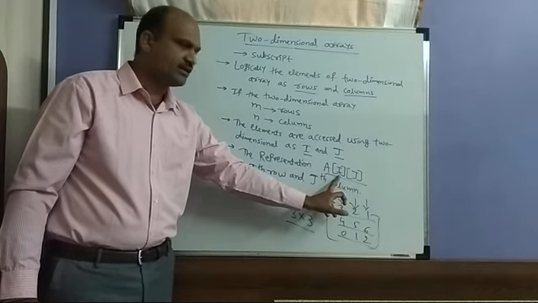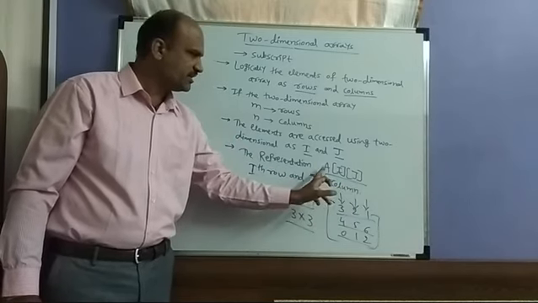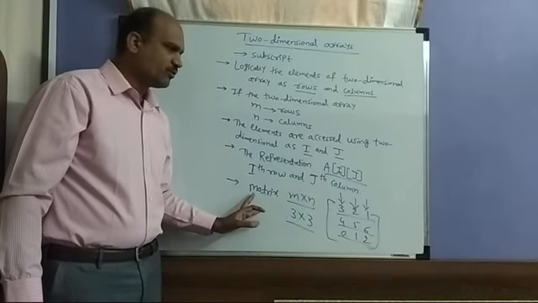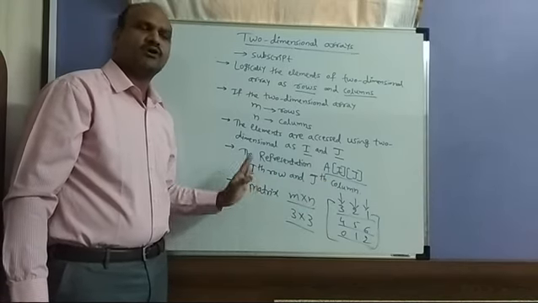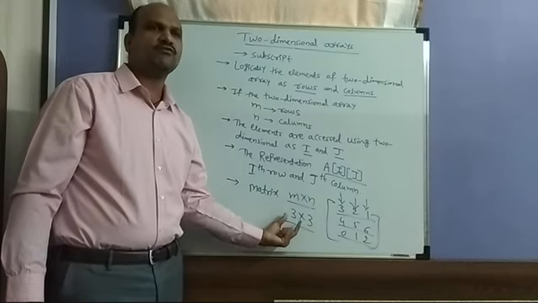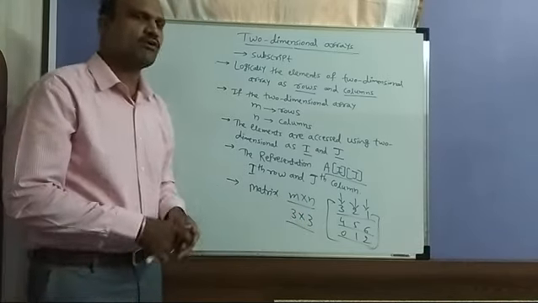I means row, j means column, and A is the array name. In the matrix concept, we have m into n, the number of rows and the number of columns.